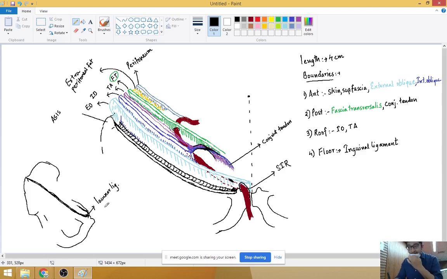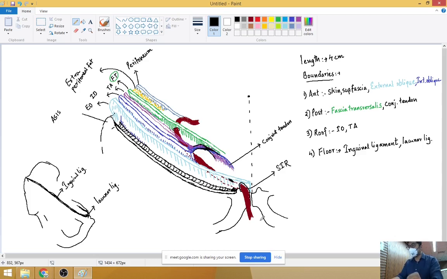So the floor is formed by the inguinal ligament as well as the lacunar ligament here, which will turn like that, first medially then posteriorly. So it is the lacunar ligament which is forming the floor.